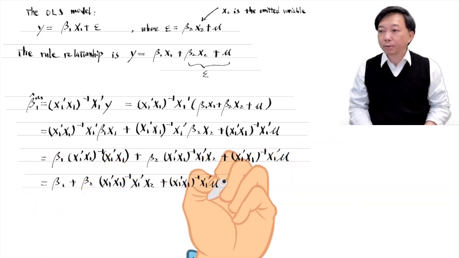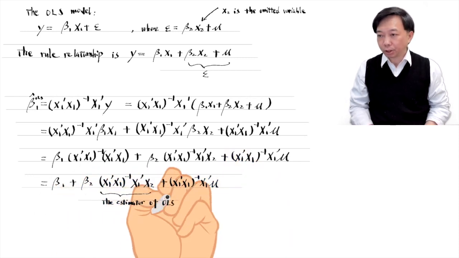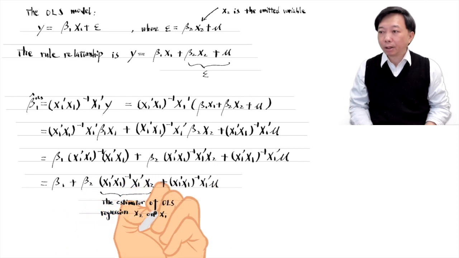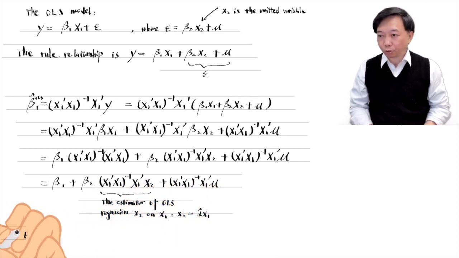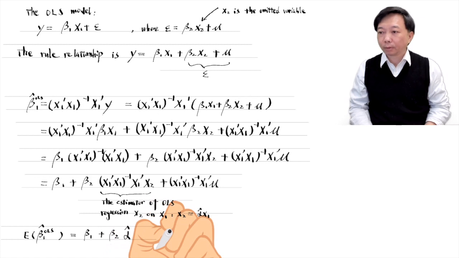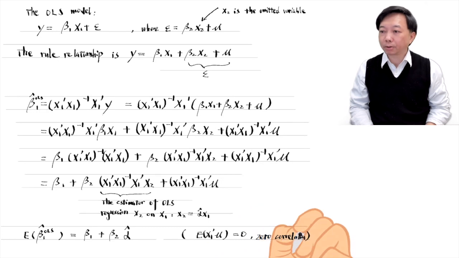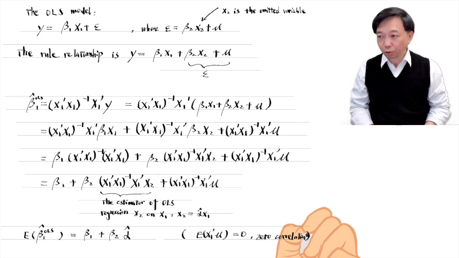The first term is the true parameter beta 1. The second term can be written as beta 2 times the estimator from regression of x2 on x1. The third term has an expectation of 0 because of the zero correlation assumption between x1 and the error term.